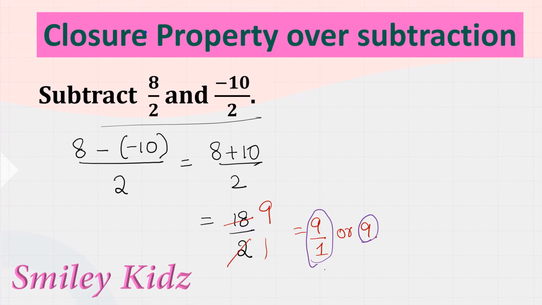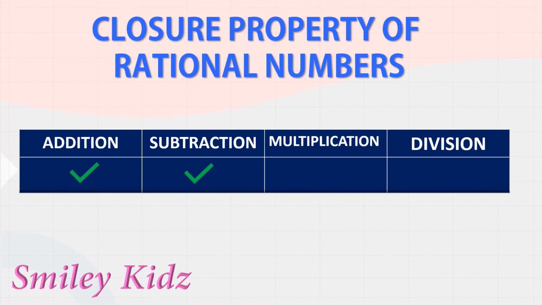That is, for any two rational numbers, let's take a by b minus c by d, the result obtained will always be a rational number. So, rational numbers are closed under subtraction. We have successfully filled the second block too.